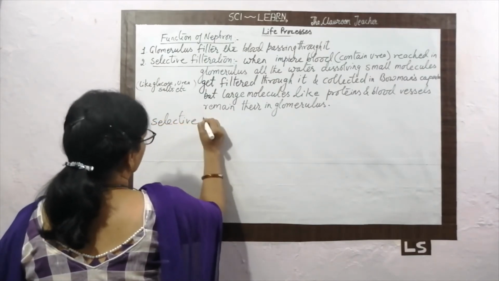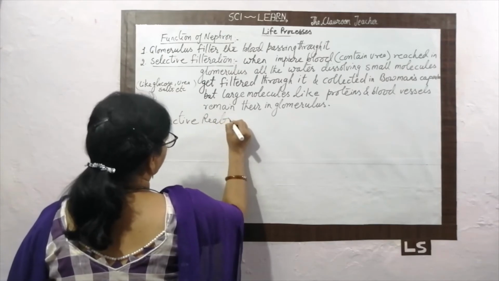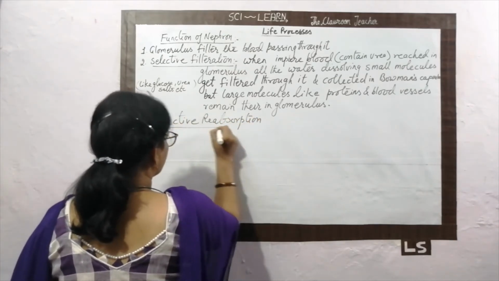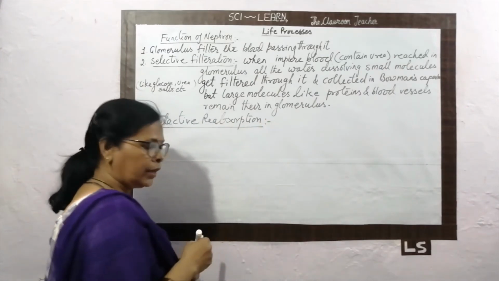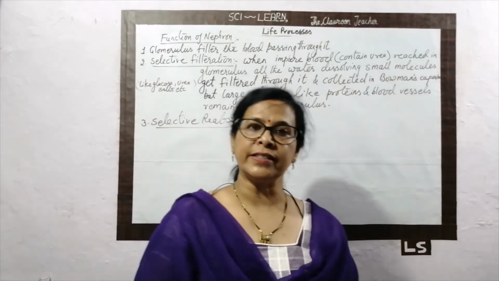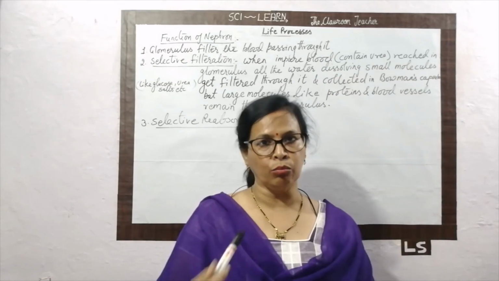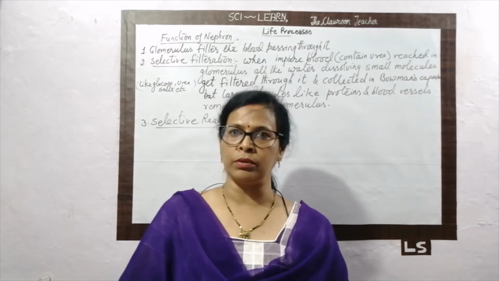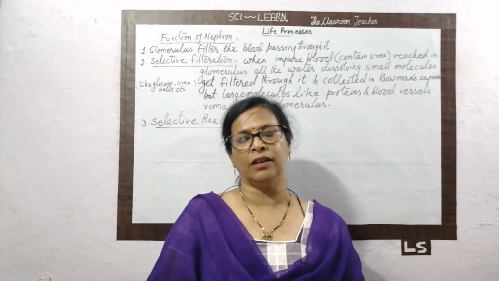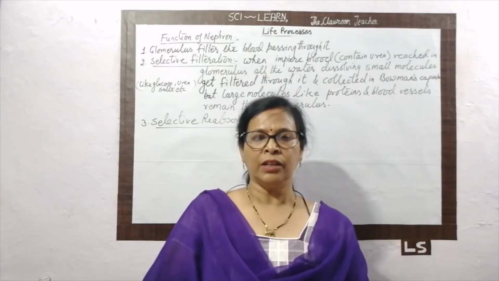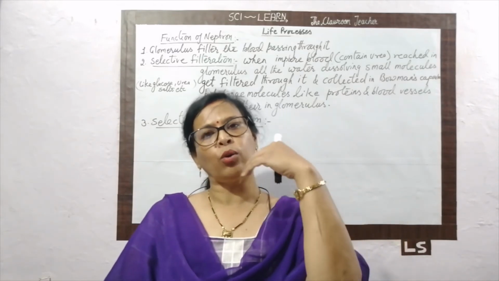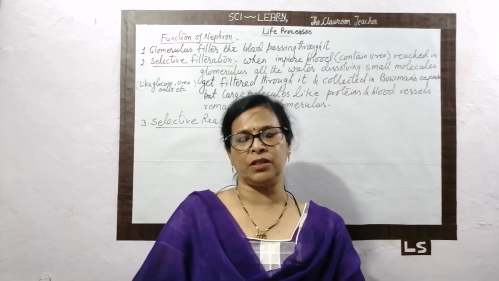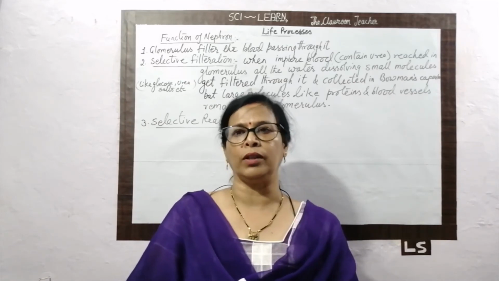The next process is the selective reabsorption. As we know that in this filtrate, lots of essential substances get removed out, essential substances such as the salt, glucose, amino acids, etc. So the blood vessels which overlap or coil over the tubules reabsorb these essential substances by the process called diffusion.